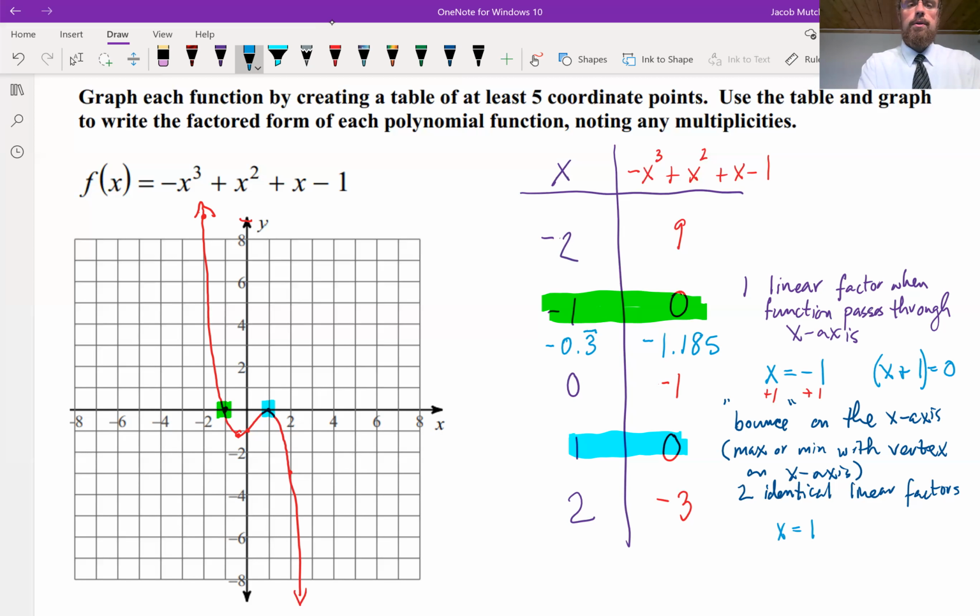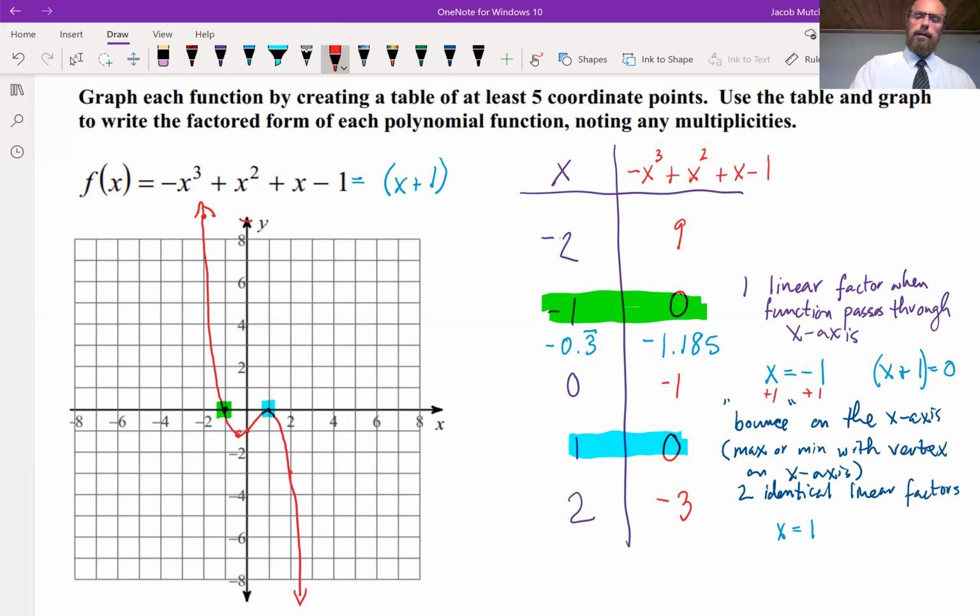So I'm going to start writing this in its factored form. I see I've got that -1 on the left-hand side where the graph passes through the x-axis at -1. When I solve that for 0, it gives me this linear factor of x plus 1. So notice the sign flipped.